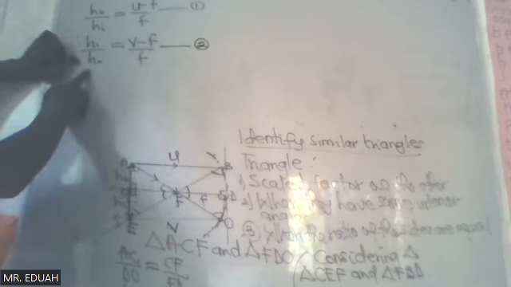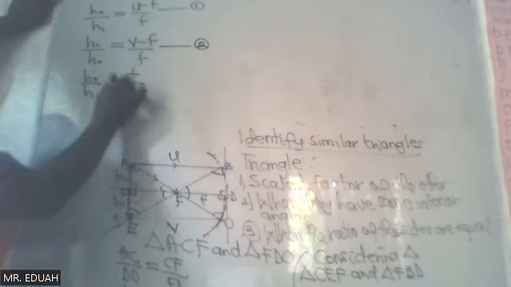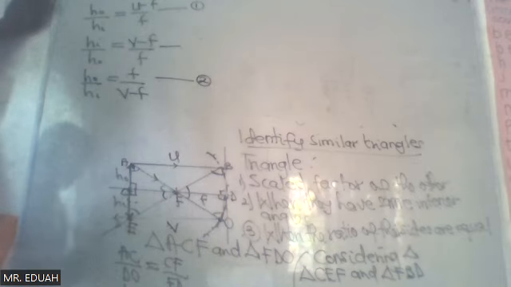Now, this is HO. This is HI. I want to change equation 2 so that I have HO on top, HI down, HO divided by HI, to look like equation 1. So when I do that, equation 2 will look like F on V minus F. Are we okay?